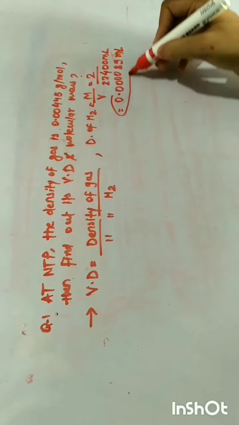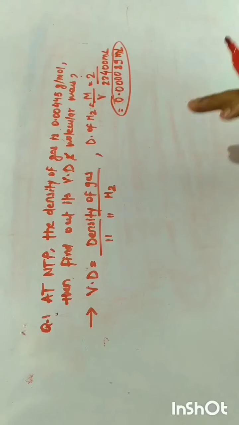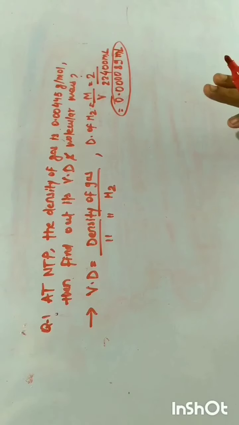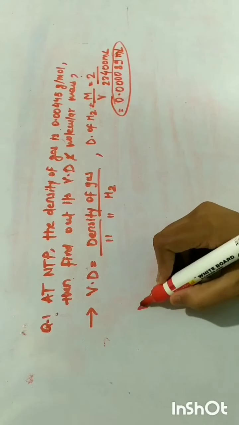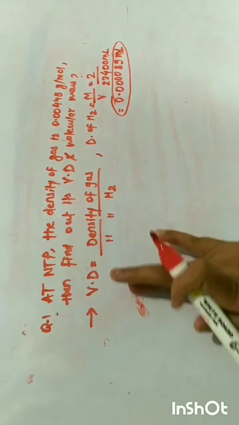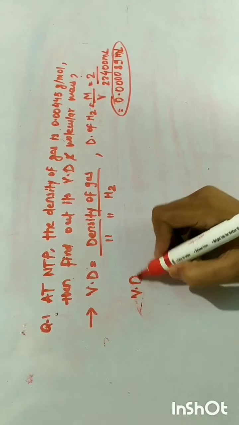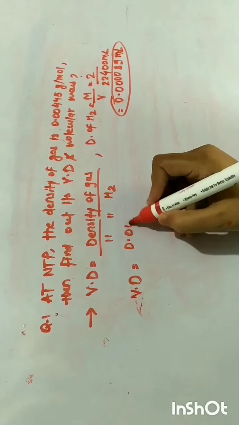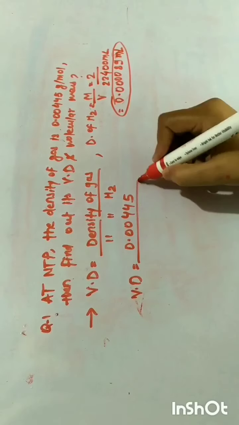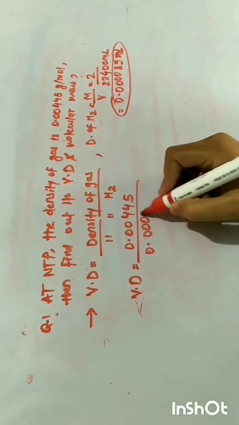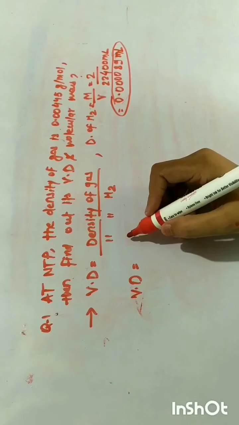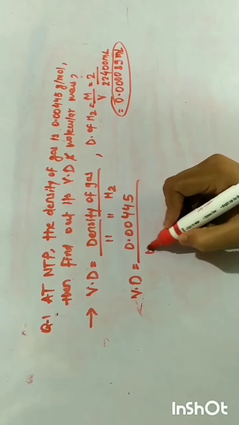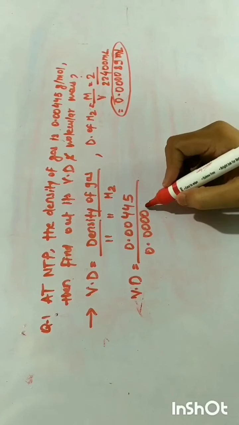So you can remember this for easy calculation. The density of hydrogen in ml is 0.00089. So vapor density is equal to density of gas by density of hydrogen. Density of gas is 0.00445 by 0.00089.